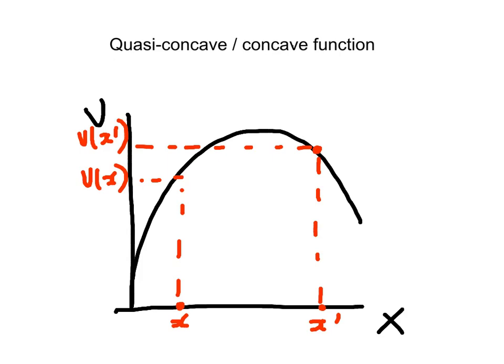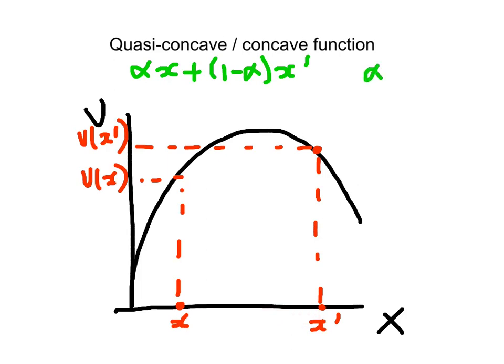So if I take the linear combination of x and x prime, let me consider the following bundle: alpha x plus 1 minus alpha x prime. This is simply the linear combination. It's going to be found somewhere on here, depending on the value that I pick for alpha.